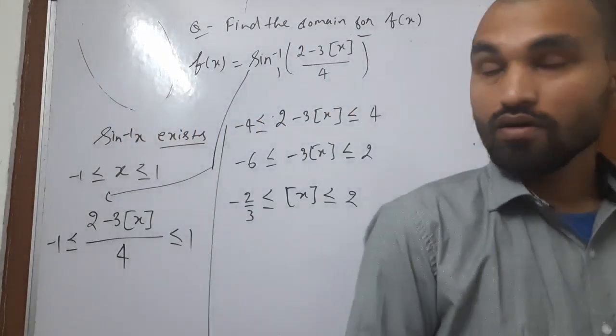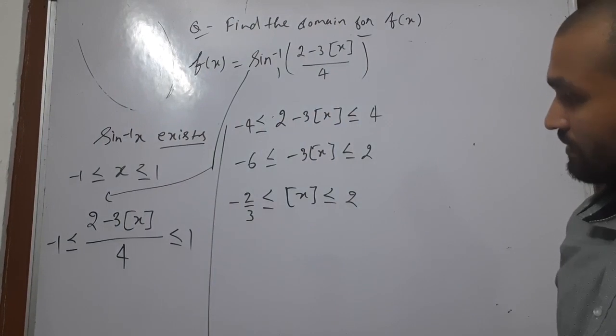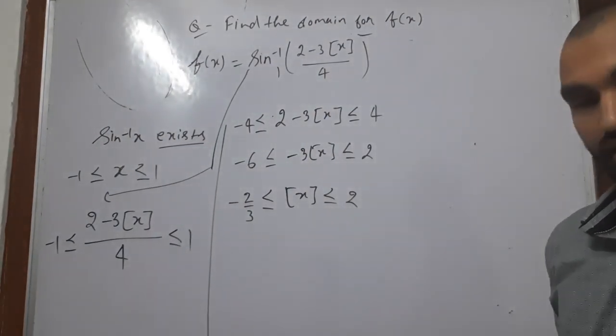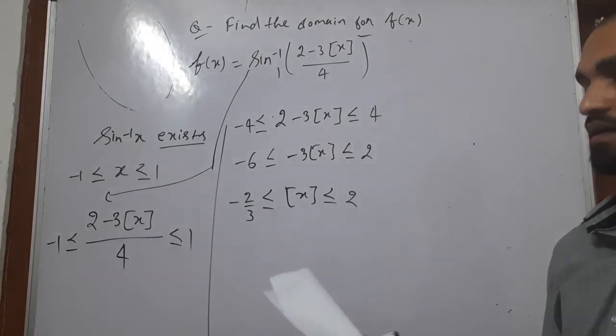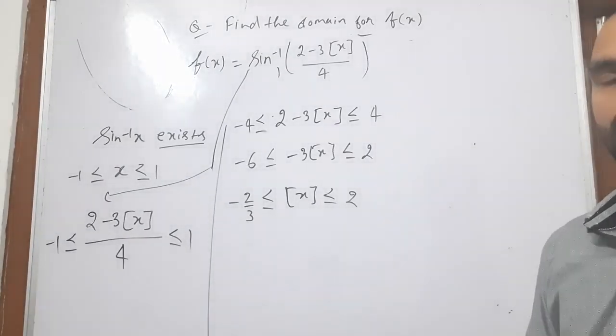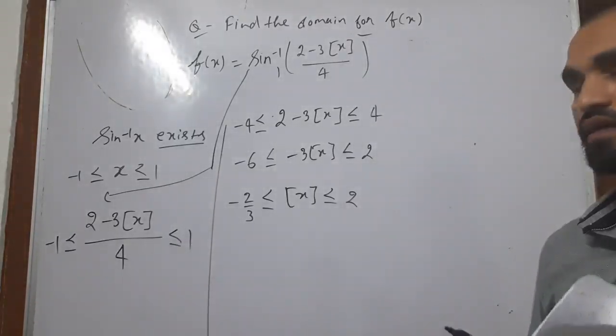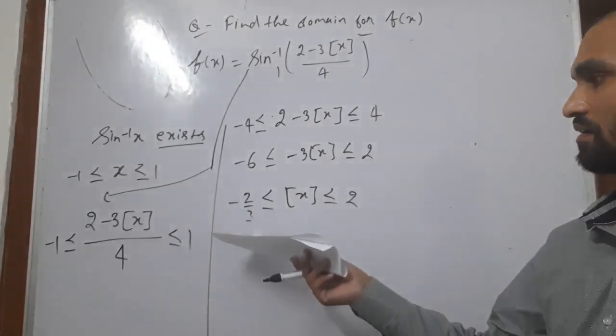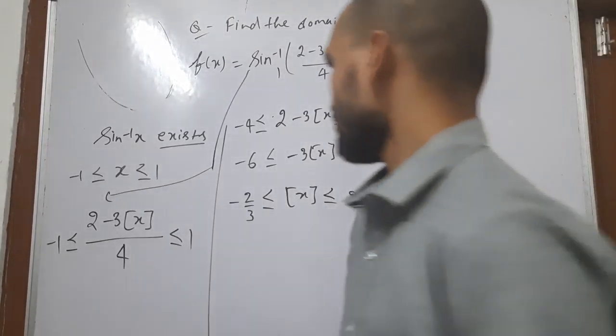Now we know that the greatest integer can contain only what values? Only integer values. So what is the integer nearest to -2 by 3?